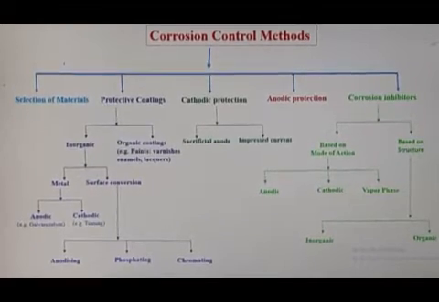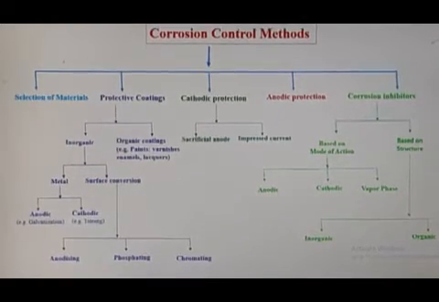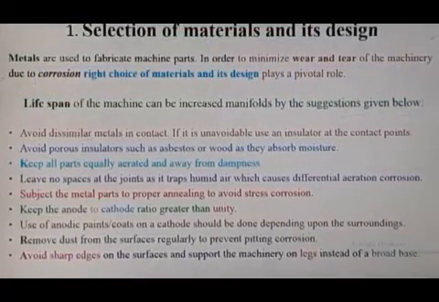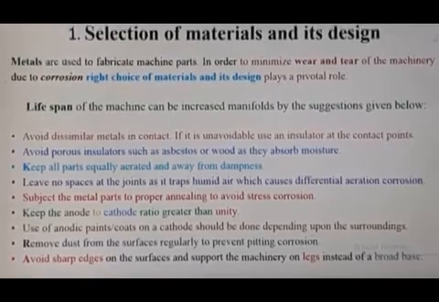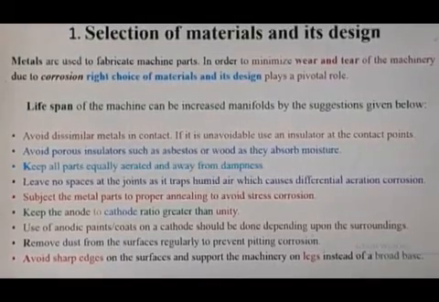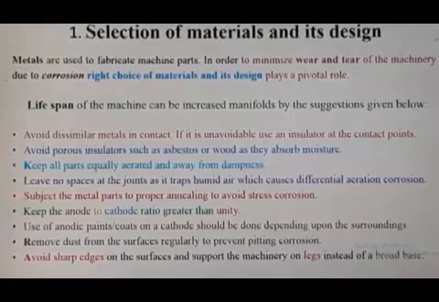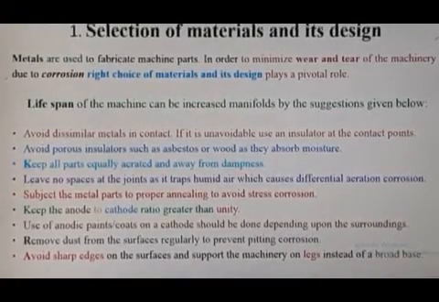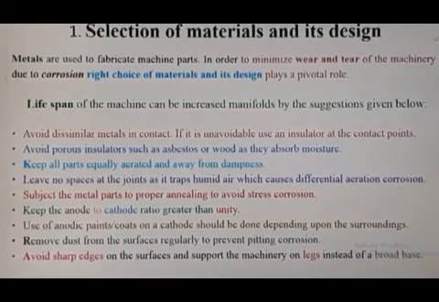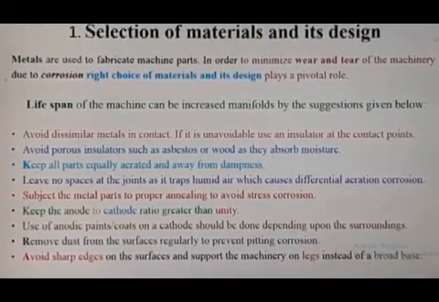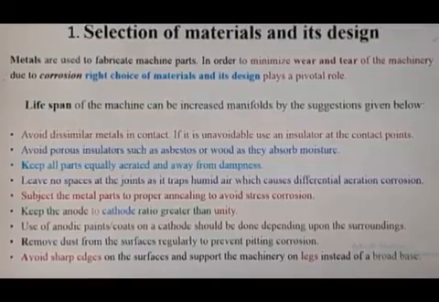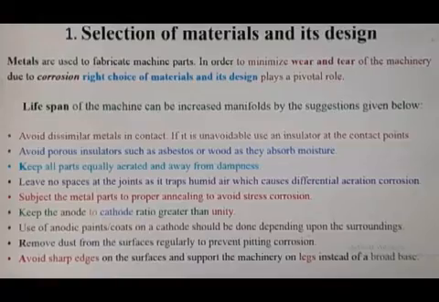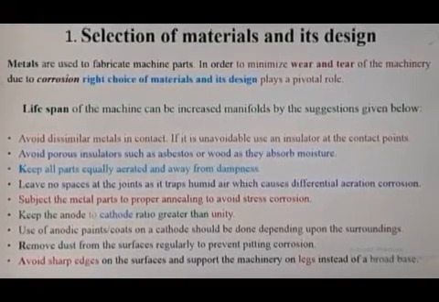So let us now discuss, beginning with the selection of materials and the design of the machinery. We all know that all machineries are made up of small parts which are made of metals. Therefore, metals play an important role in determining the rate of corrosion. So if we take certain measures, we can prevent electrochemical corrosion.